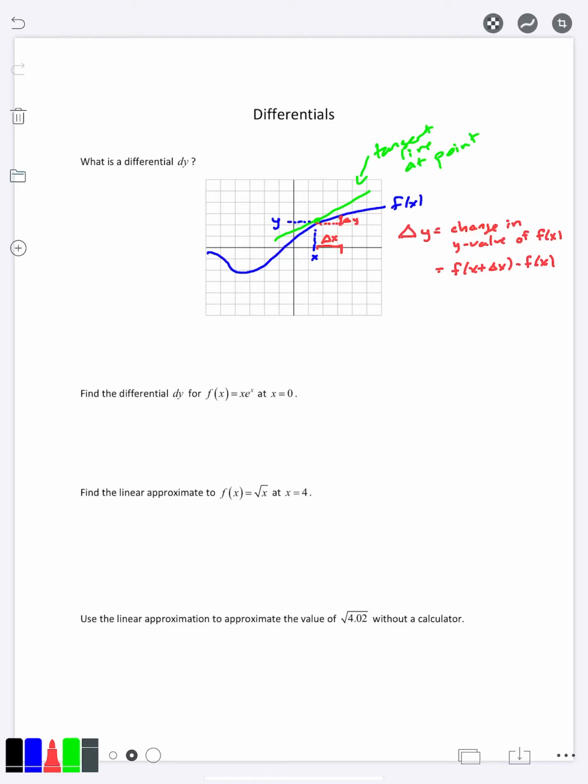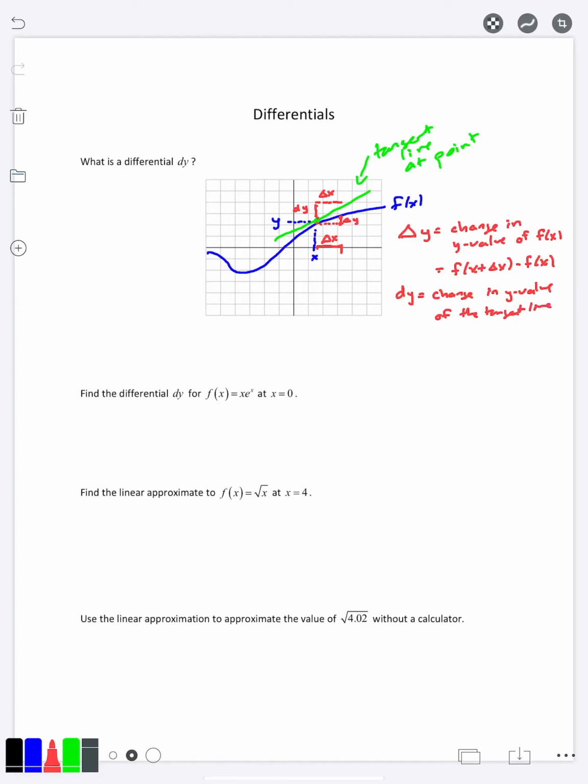On the other hand, if I move the same distance in the x direction, but now I look at how much did the y change on the tangent line, that's going to be dy. So dy is going to be the change in the y value of the tangent line.